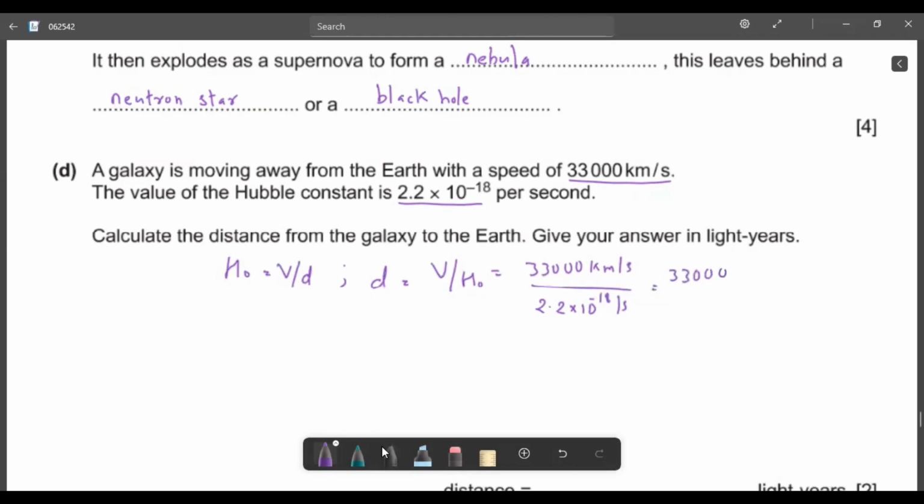Written in meters, that is 33,000 times 10 raised to 3 divided by 2.2 times 10 raised to minus 18.